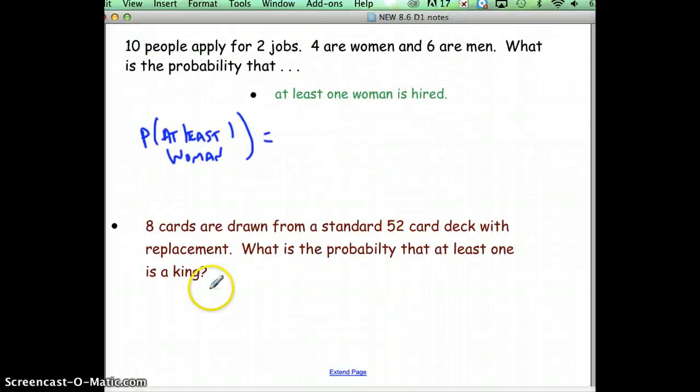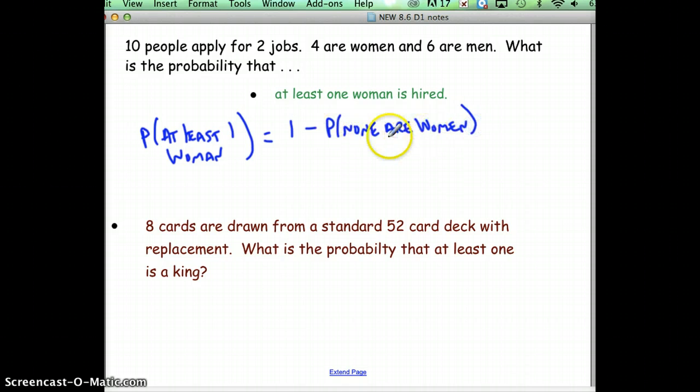the opposite. So what's the opposite of at least 1 woman? The opposite of at least 1 would be none. So the probability that none are women. Well, if none of the 2 people are women, then wouldn't that have to be that 2 of them are men?